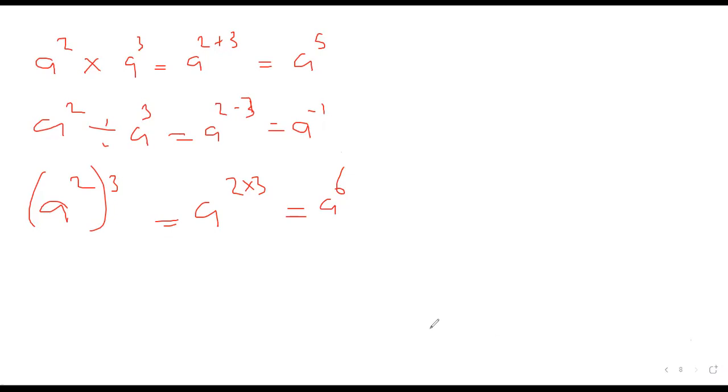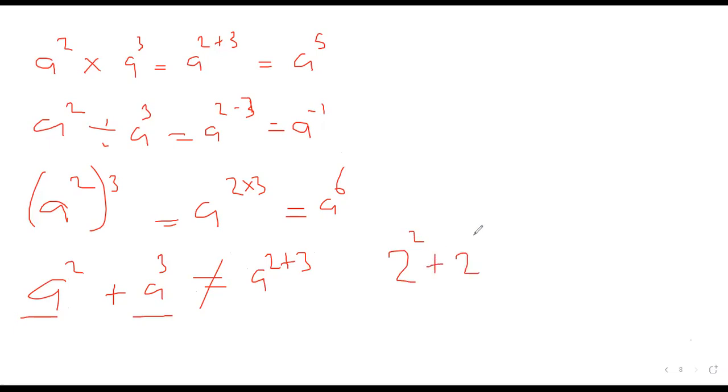Yes. If you have a to the power 2 plus a to the power 3, please don't make the mistake of adding the powers on top, a to the power 2 plus 3. This is not correct. You do them individually. So for instance, you have 2 to the power 2 plus 2 to the power 3. You evaluate them individually. So 2 to the power 2 is 4, plus 2 to the power 3 is 8.